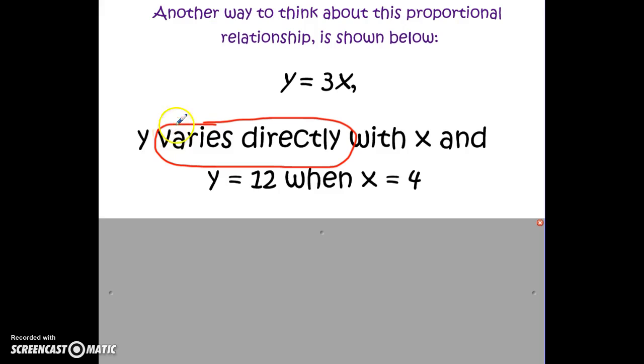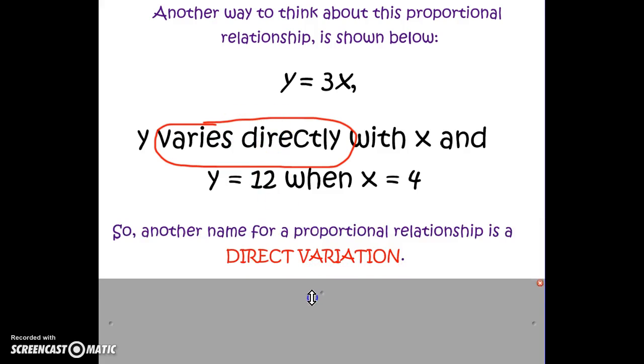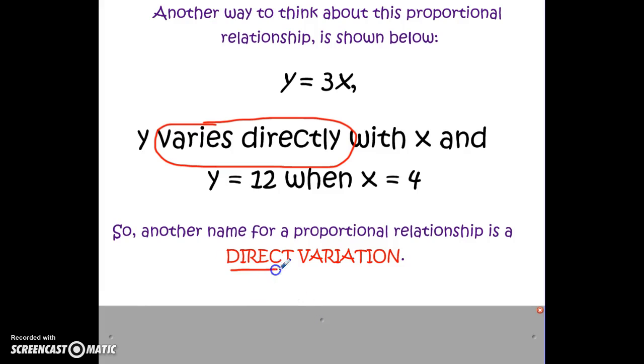That's just letting you know that this is a proportional relationship. You're going to have a constant of proportionality, and it's just kind of describing that relationship, that it varies directly. So another name for that is called direct variation. So proportional relationships are also called direct variation, which is why it uses this terminology of varies directly.